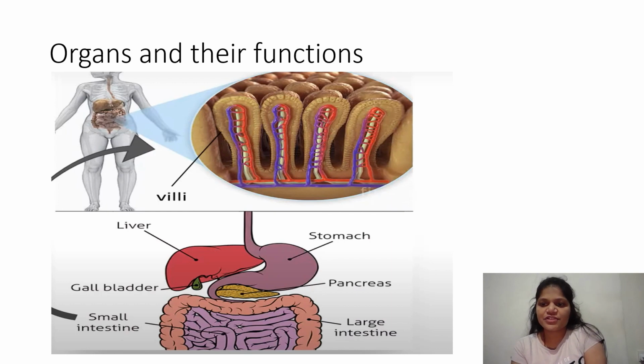Once all the nutrients and most of the water have been absorbed from the chyme, non-digestive waste is compacted and pushed through the end of the large intestine to the sigmoid colon and the rectum, where it is stored as fecal matter and excreted from the body via the anal canal.